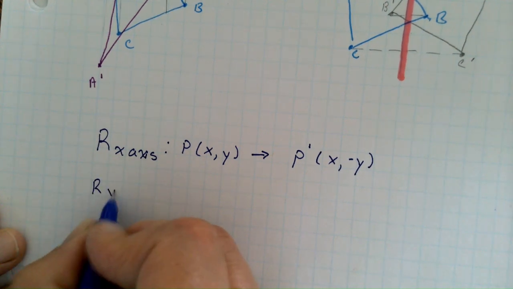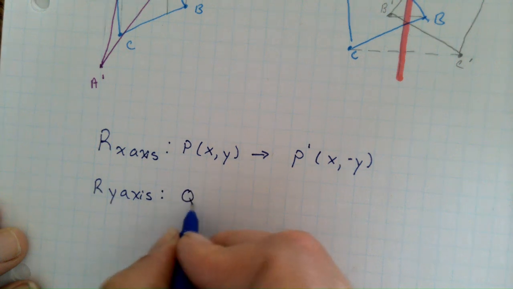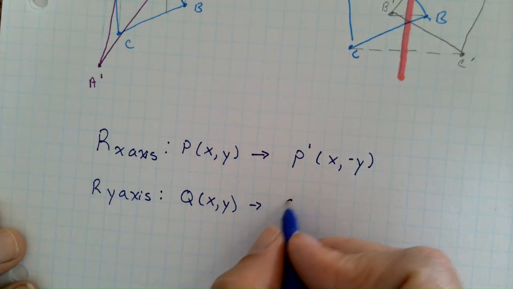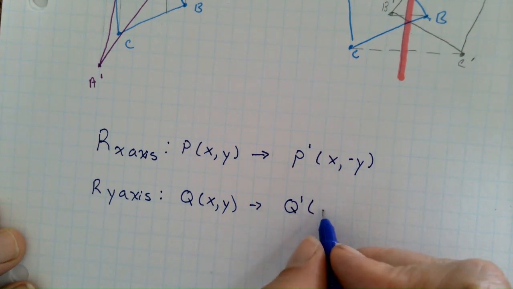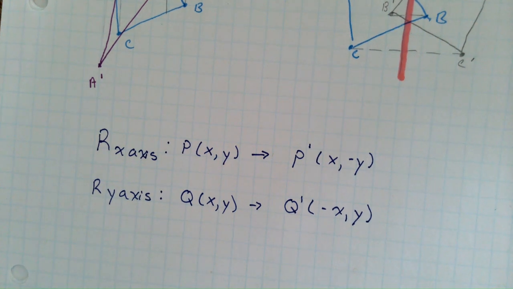If you're reflecting over the y-axis, your point x comma y will map to that same point, except it'll be negative x comma y. So you can always do that.